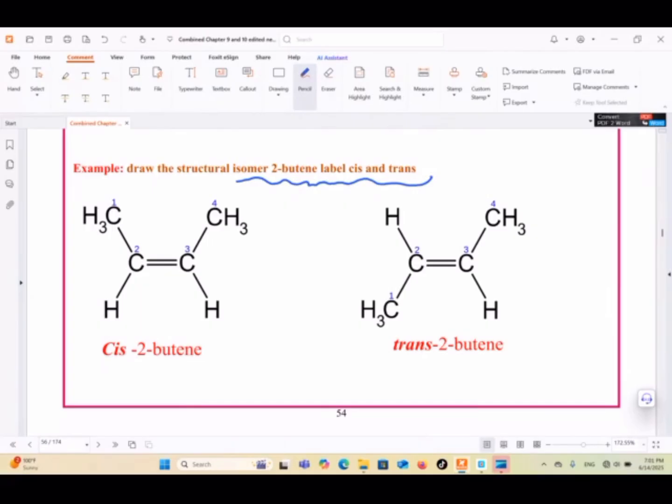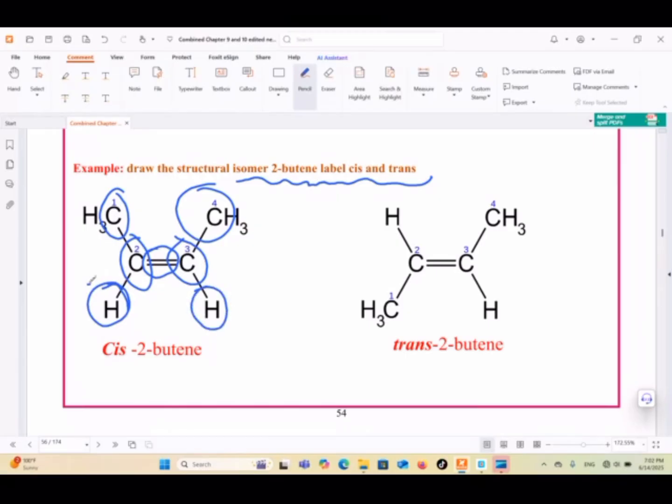The butene is four carbons, so there should be four carbons: one, two, three, and four. And then on each carbon, here we have got a double bond, and then it forms bonds with the other carbons. There should be a hydrogen attached and a hydrogen attached.